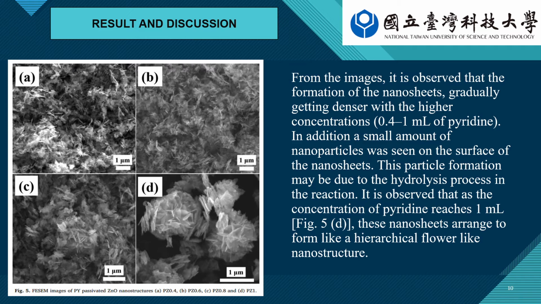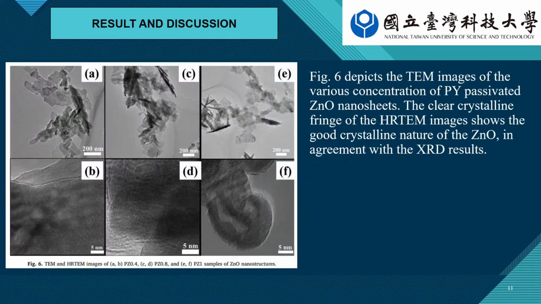It is observed that as the concentration of pyridine reaches 1 milliliter, like in this picture, the nanosheets arrange to form a hierarchical flower-like nanostructure. Figure 6 shows the TEM images of the various concentrations of pyridine passivated zinc oxide nanostructures.